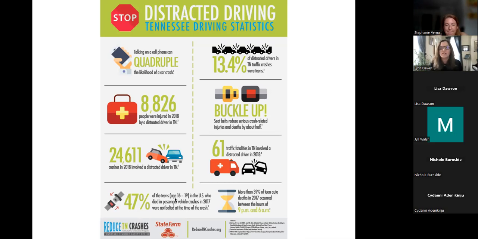If you see this, what's your takeaway? What do you remember? To be honest, I look at the largest number first. The 24,611 crashes in 2018.